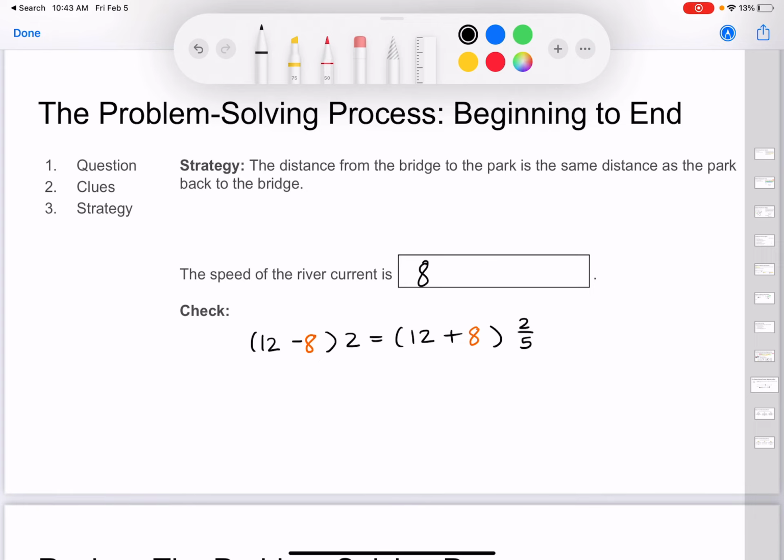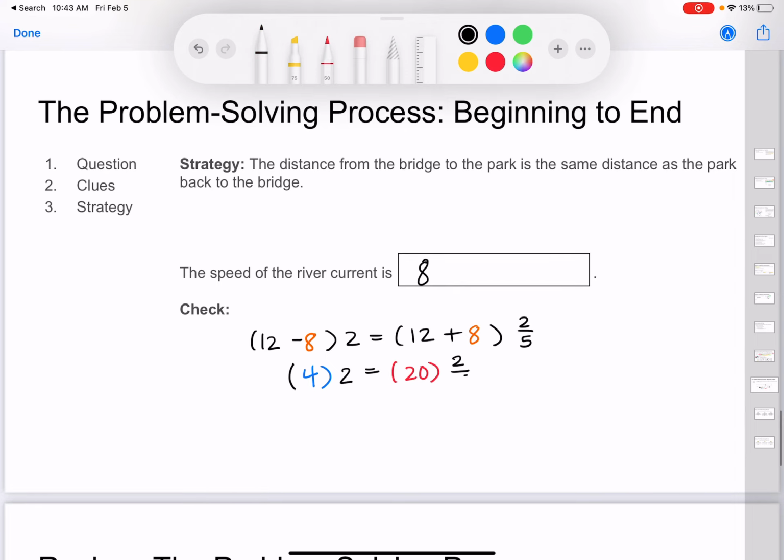So that will give us 12 minus 8 is 4. 12 plus 8 is 20. Now we want to multiply.